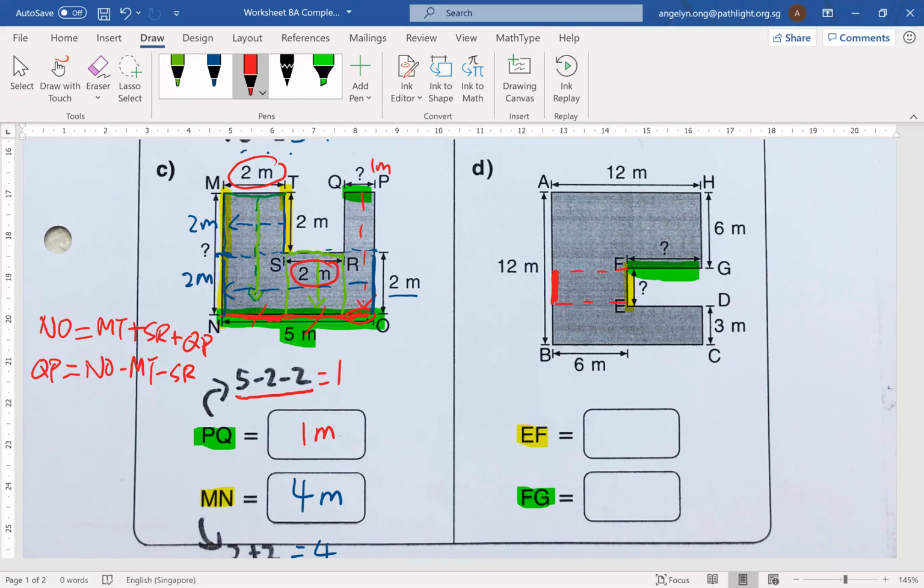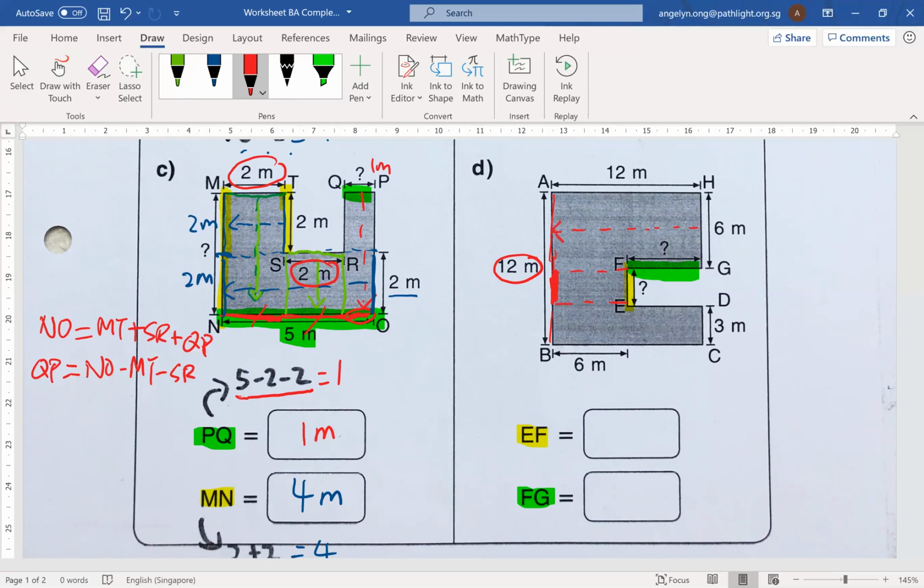Okay, so I need to find this part. How do I find this long part and this other part? Let me look across. Because I know that AB is 12 meters, right? So I can use this to find my unknown at EF. So the top, if I bring it across, I see that it's actually the same length as HG.